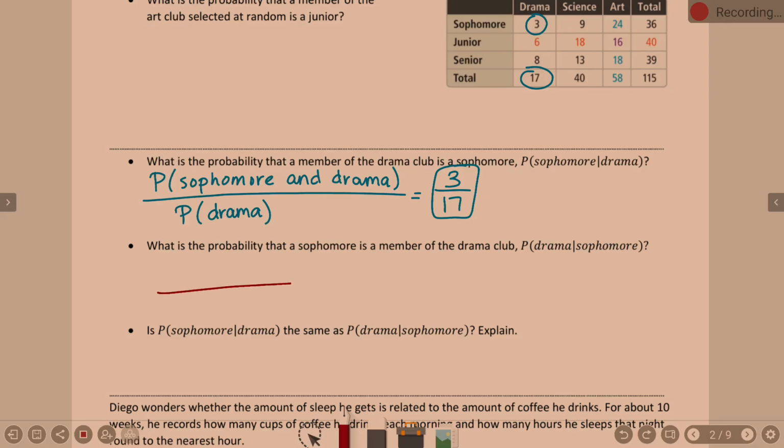So in terms of words, how does that change my setup? On top, it's still probability of A and B. So on top, it's going to still be probability of, I'm going to write it as drama and sophomores this time. But basically, it's going to be all your drama students and sophomores.